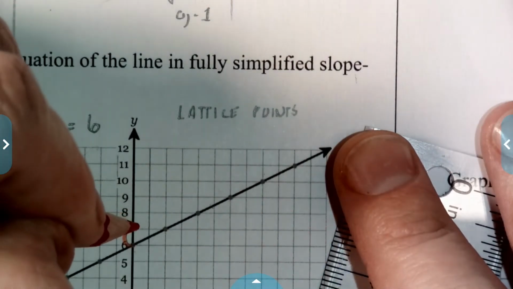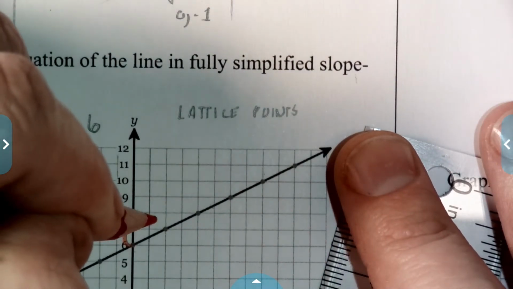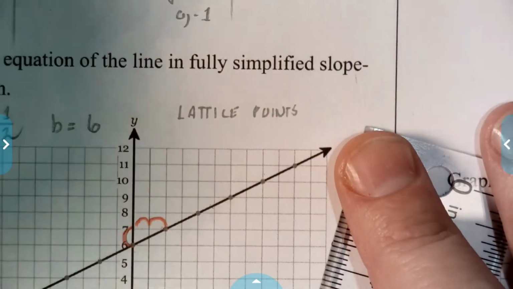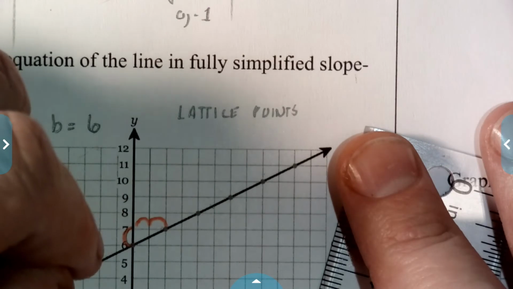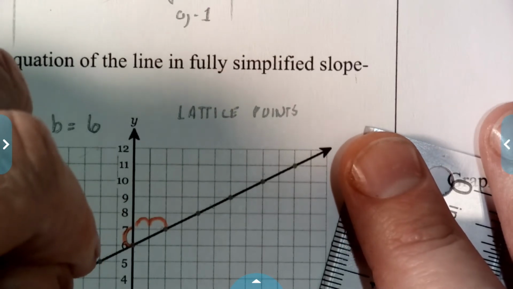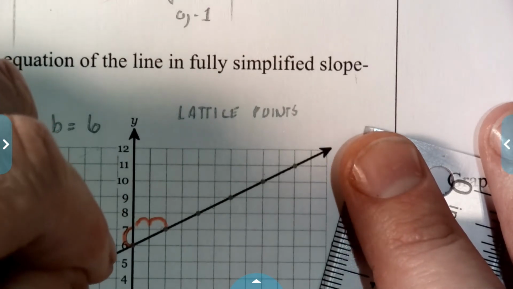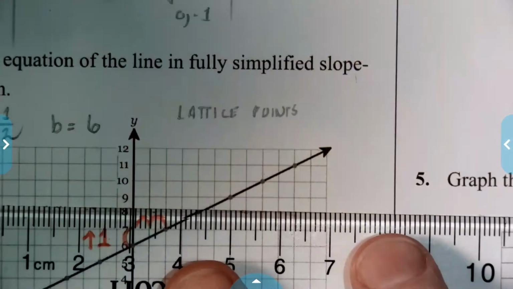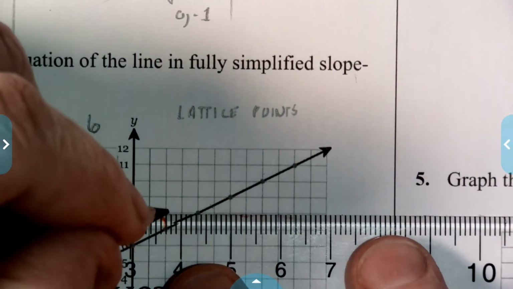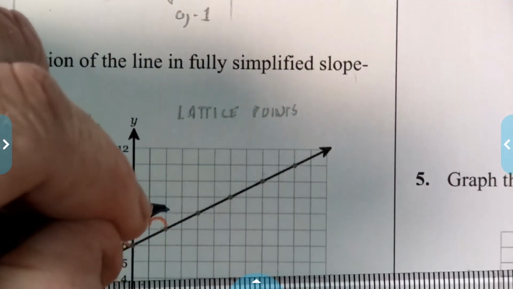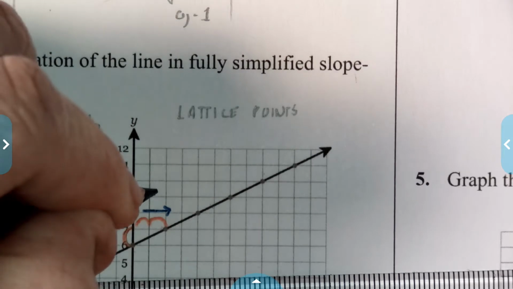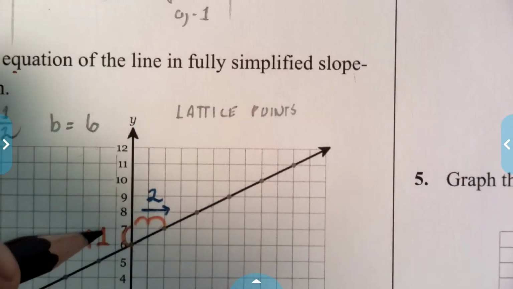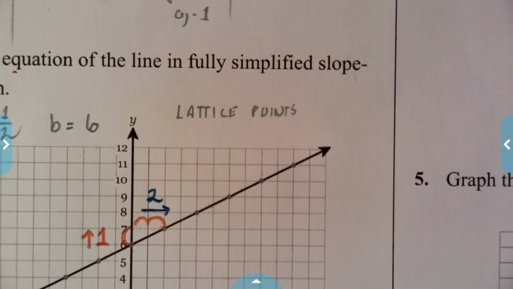And then over 2, and I'm back on the line. So that's where I got up 1. So rise 1, and then run 2. Okay. So that's how you got that slope of 1/2.